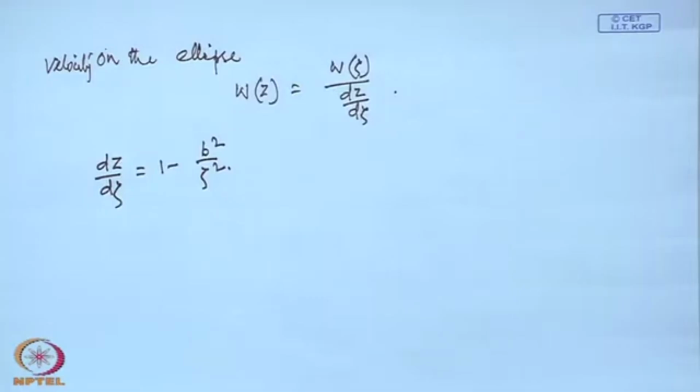Do not use t. T is for the ellipse. The circle does not have t. Zeta is for the circle. We have already used theta equal to pi by 2 and now you are saying it is pi by 3.